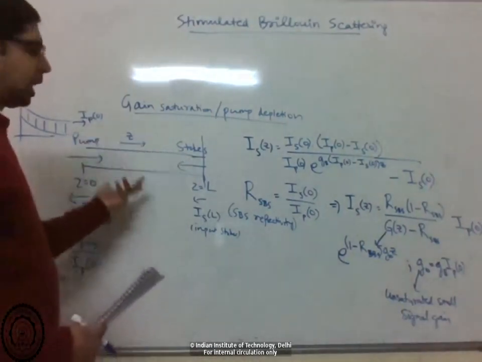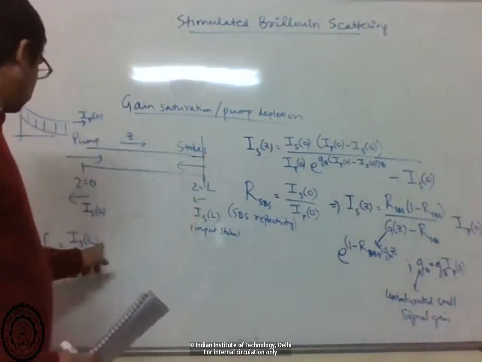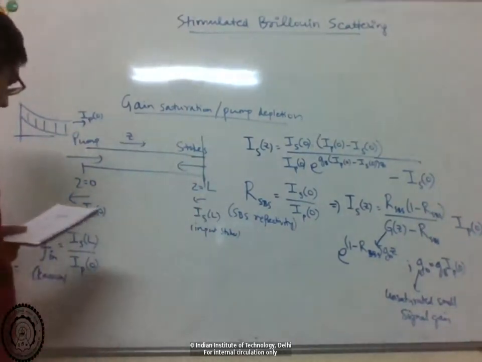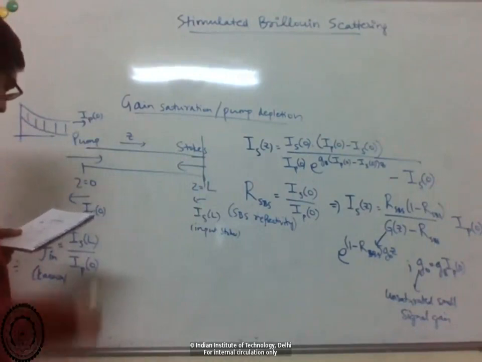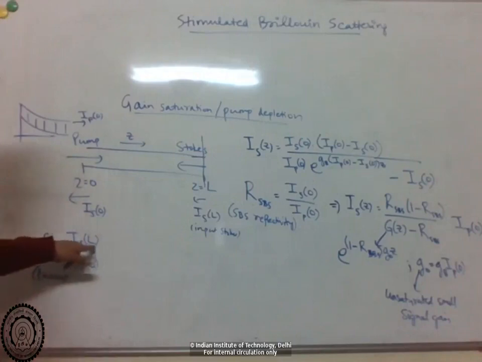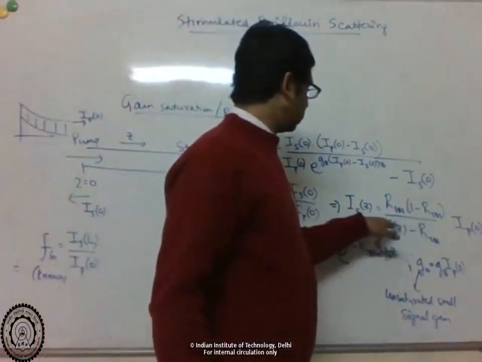So let's say we are using this as an amplifier, right? We are sending a strong pump, a weak Stokes. So we know how much we are sending in. So we can put IS of L from here, right?